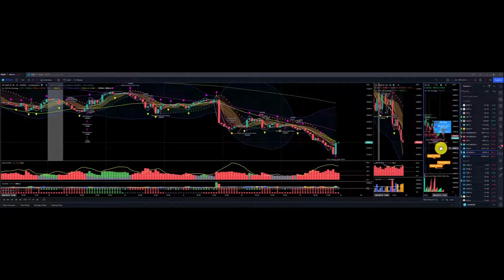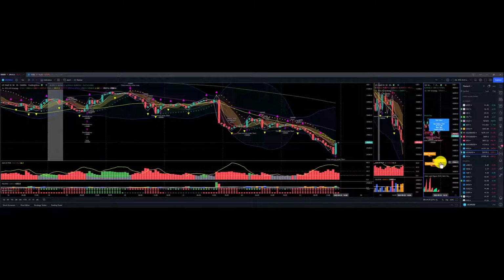We have initial price targets of 21,762, 17,979, and 19,242. So we still have some ways to go before we hit some of these actual price targets. So look out for the continued drop in the Dow, NASDAQ, S&P and Russell.